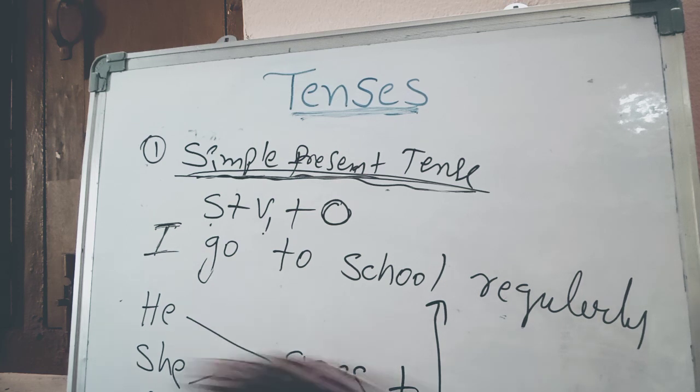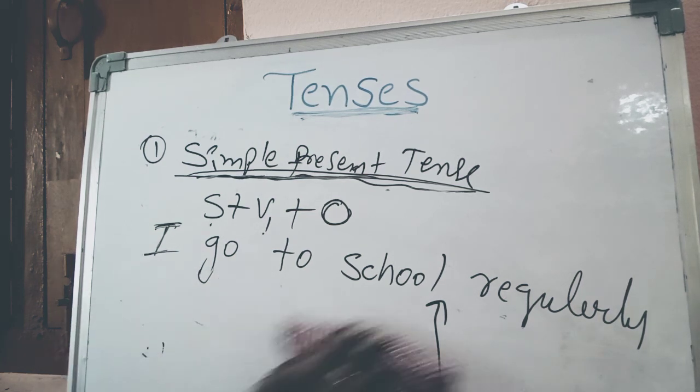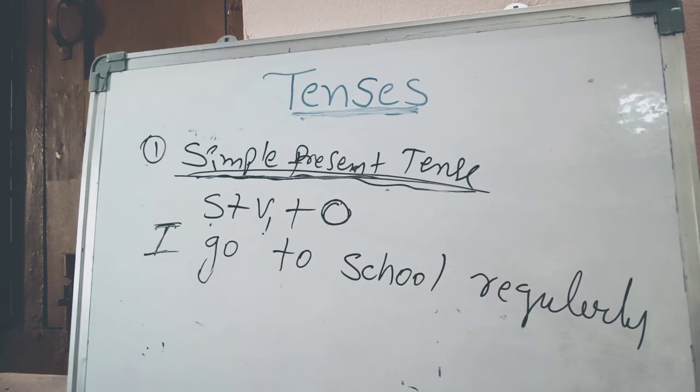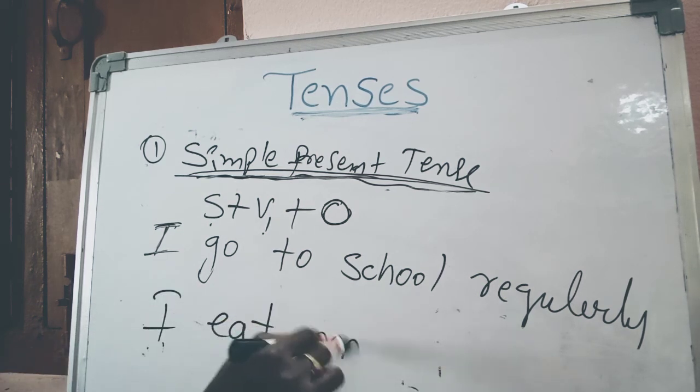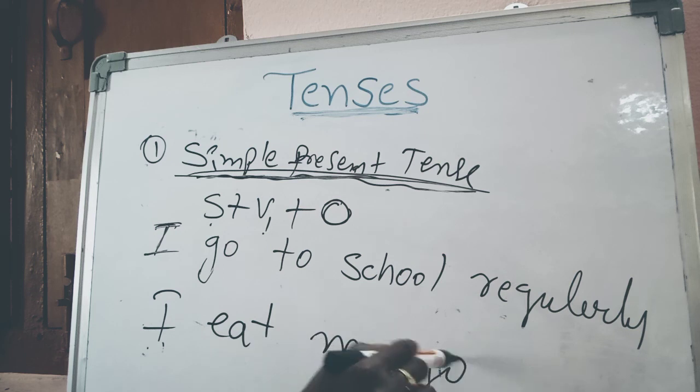If you see different types of verbs: I eat mango. He eats mango. She eats mango.